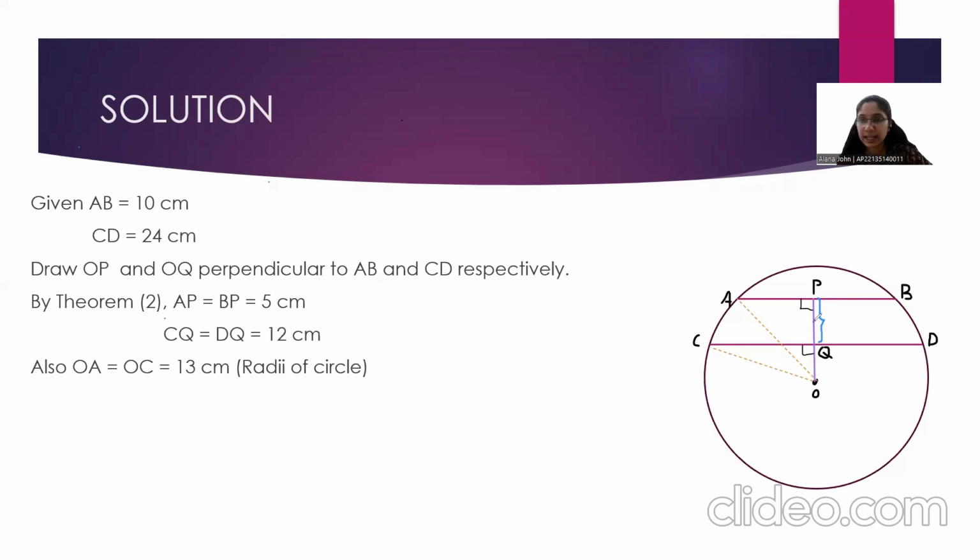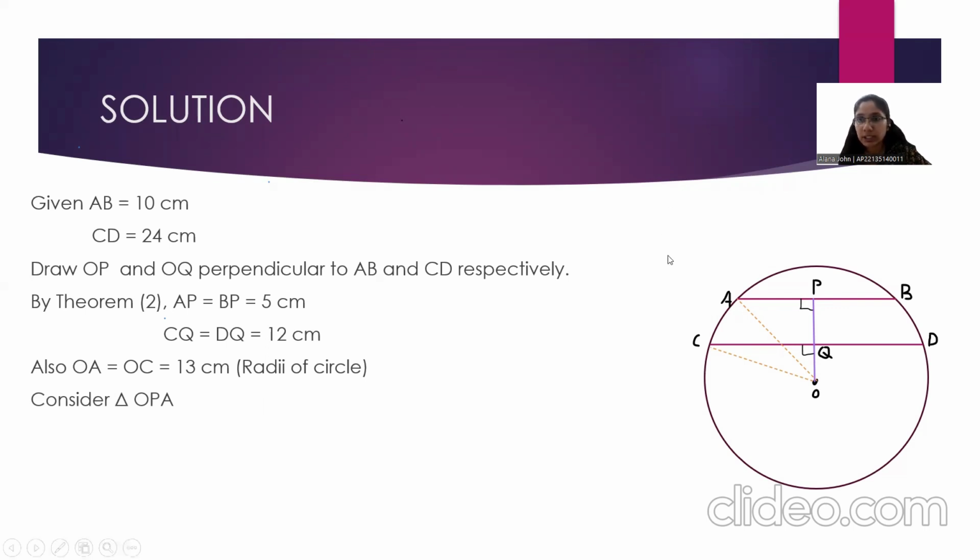So first, let us find the length of the perpendicular OP. How can we find the length of the perpendicular? Of course, in order to find it, we have to consider a triangle. So let us consider the triangle OPA.